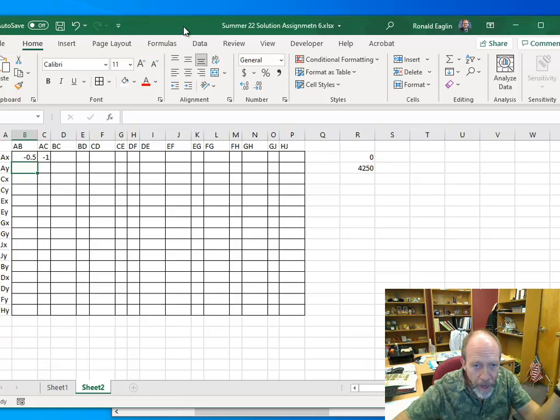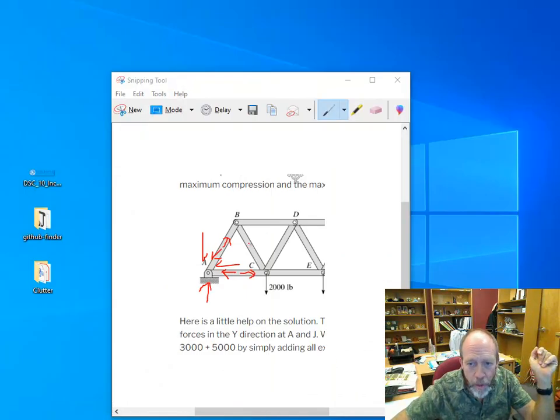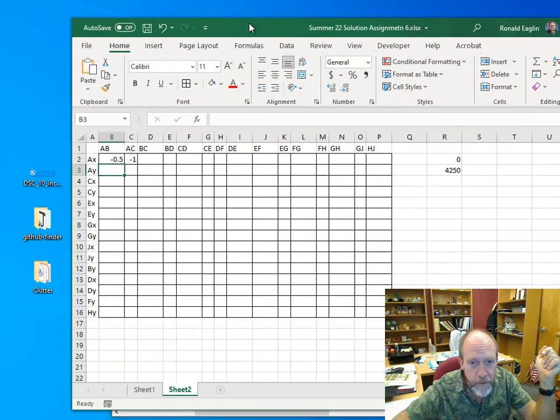Now let's look at it in the Y. What forces do we have at A in the Y direction? We have the external force, which is in a separate vector, and then we have this component of AB in the Y. This angle is 30 degrees. So the cosine of 30, which is 0.866, is that component of that vector right there, and it's going in the negative direction.